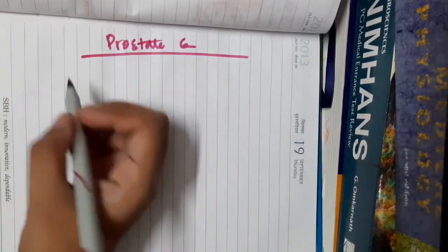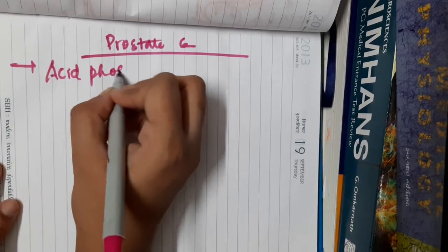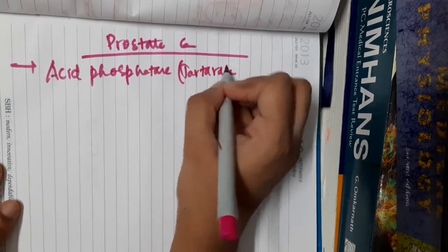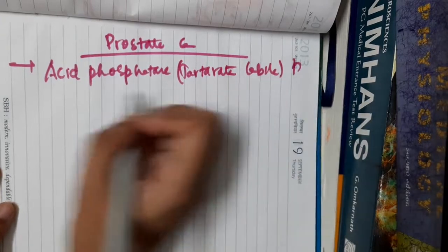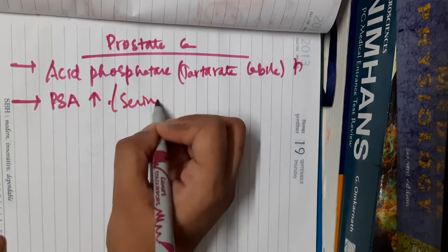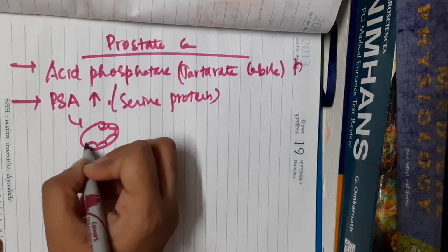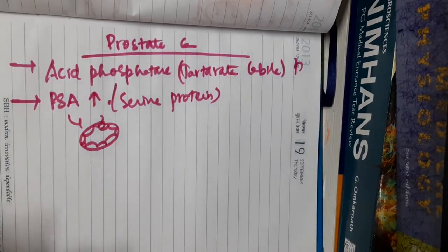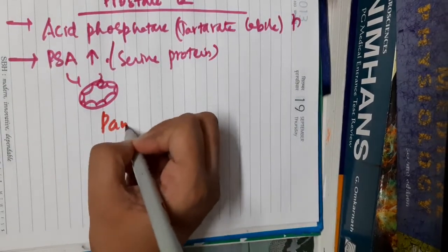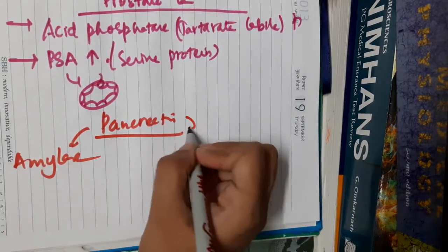Acid phosphatase, specifically tartrate labile acid phosphatase, is increased in prostate carcinoma, and prostate specific antigen, which is a serine protease secreted by the epithelial cells of the prostate, is also increased. In pancreatitis we have two enzymes, amylase and lipase.